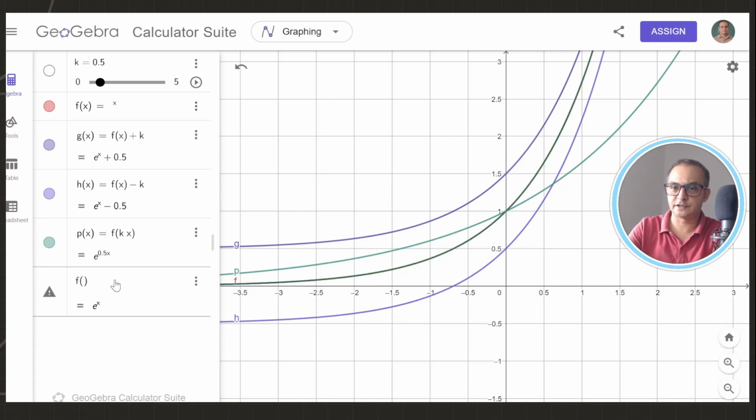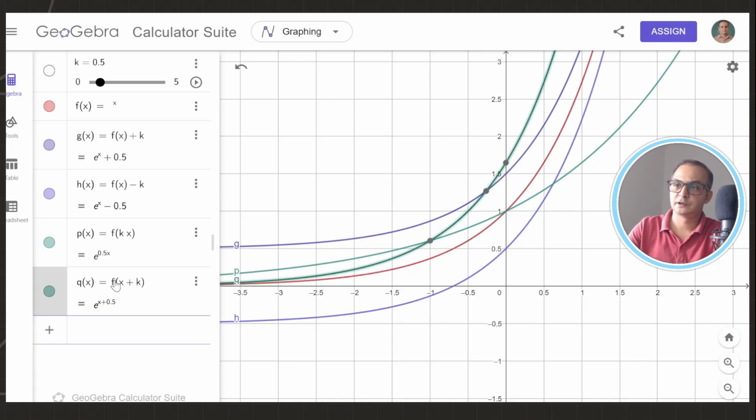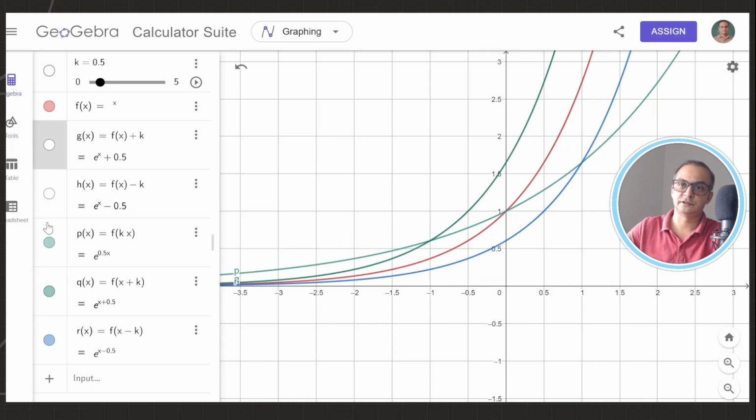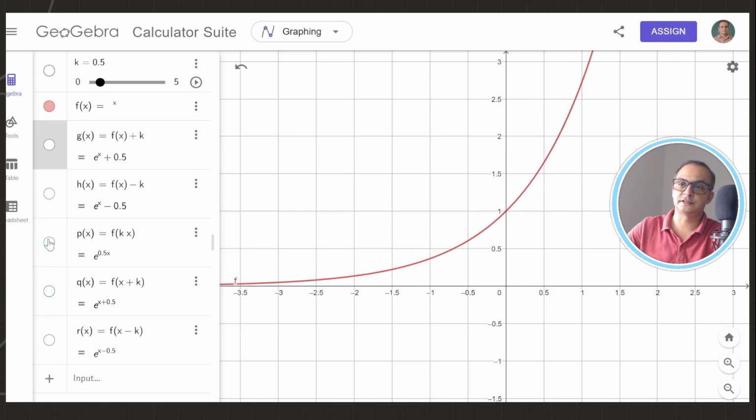Also you can observe in all the graphs the horizontal shift. How do we change it? If I just take f(x plus k) and f(x minus k), the similar observations you can do. So that I think it's cluttered, so I just mute something like this. I disable, so you can see this thing.